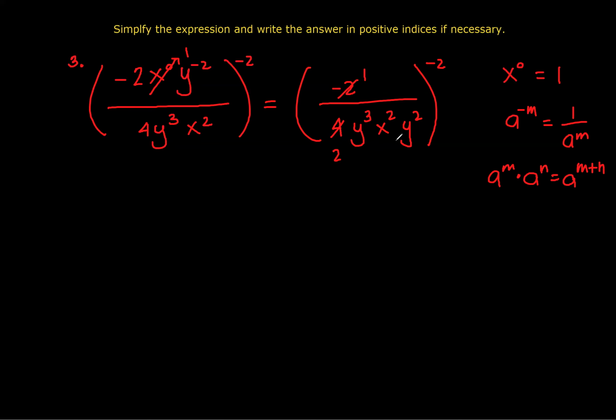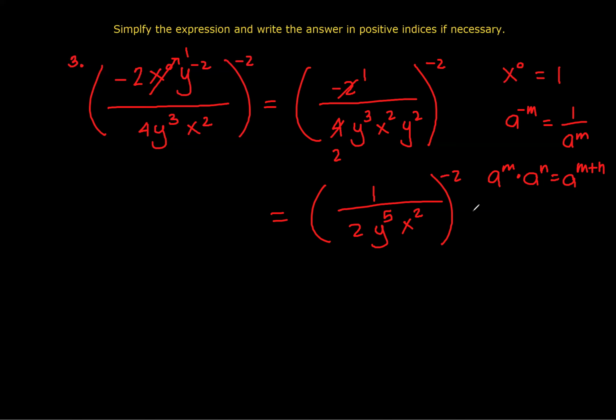We can apply that to y raised to 3 times y raised to 2. And so we're going to have 1 all over 2 y raised to 3 plus 2, that will be 5, and x raised to 2, that will still be x raised to 2, all raised to negative 2.